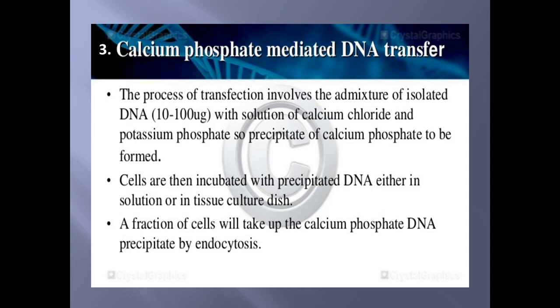So in this case, the cell into which you want to transfer the DNA must be taken in a tube. To that tube we need to add the calcium chloride solution or the calcium phosphate solution. Then to this tube we need to add the gene or the DNA which you want to transfer.